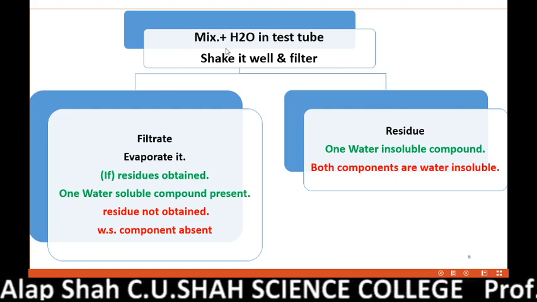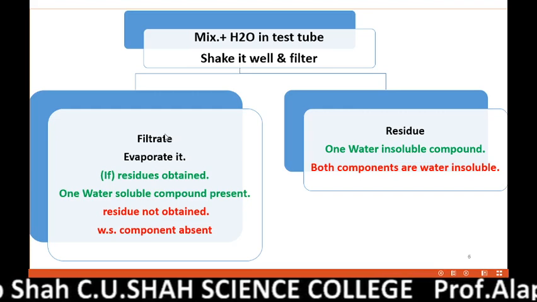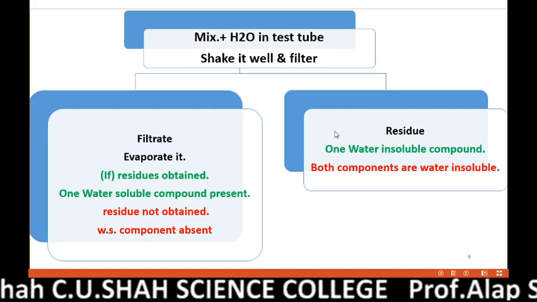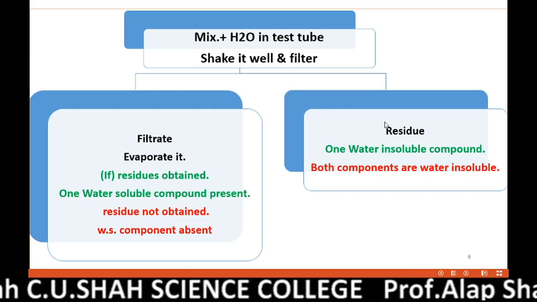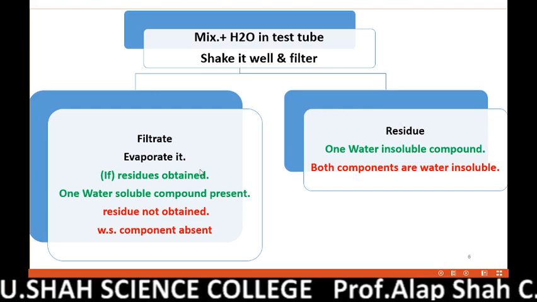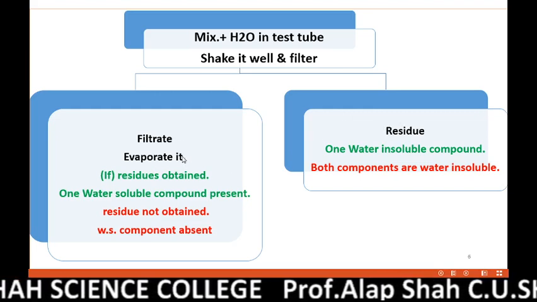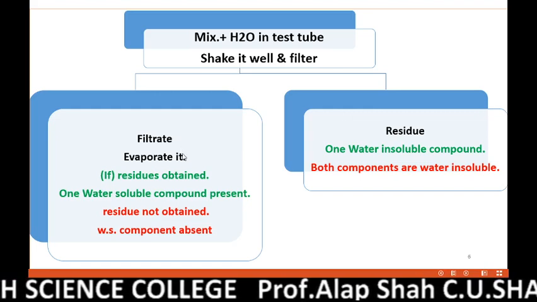The water soluble component may be in the filtrate and the water insoluble component will be in the form of residue. Now evaporate the filtrate. Heat the test tube and evaporate the water of the filtrate.